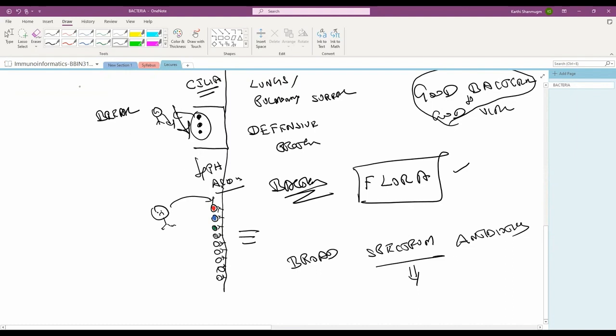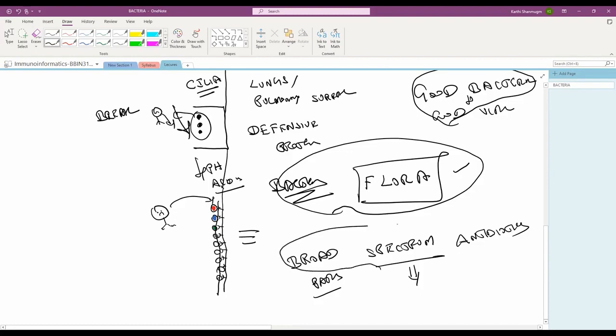If your antibiotic is a broad spectrum antibiotic, it can kill almost all the bacteria, which means it can kill both the pathogen as well as the bacterial flora, the bacteria which are really good for you. Once you take this broad spectrum antibiotic, almost all the bacteria present in your body, whether good bacteria or bad bacteria, will be wiped out.